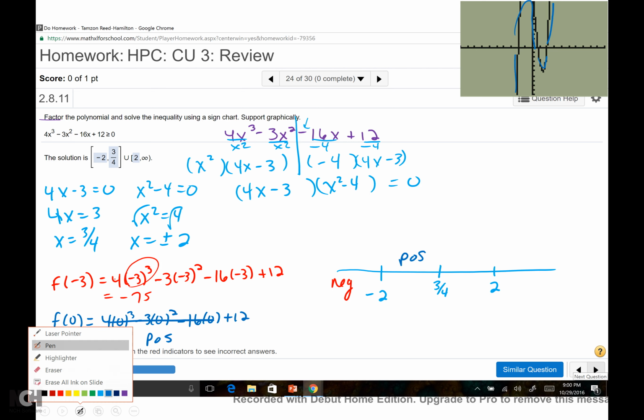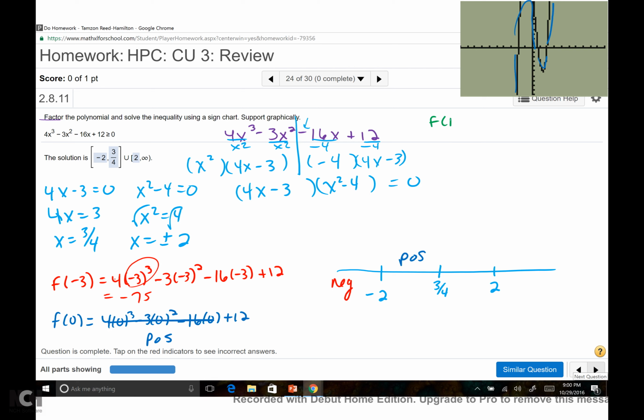Something between 3/4 and 2, 1 would be good. So if I find f of 1, I would have 4 times 1 cubed minus 3 times 1 squared minus 16 times 1 plus 12. That would be 4 minus 3 minus 16 plus 12. You get negative 3, which is negative.